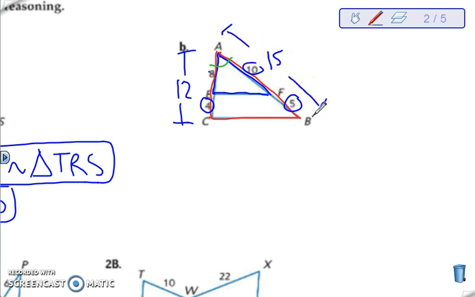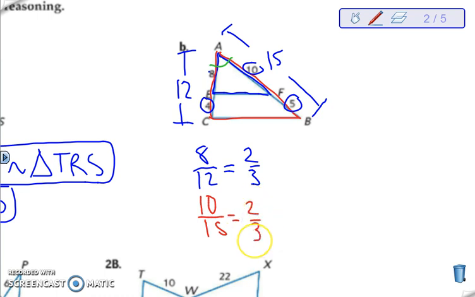So when I'm setting my proportions, I want to use the 12 and 15 instead of the 4 and the 5. So just like last time, we'll take the two smaller sides, so 8 divided by 12. You can either put that as 0.67 or as 2/3. If I take 10 out of 15, that is also 2/3.